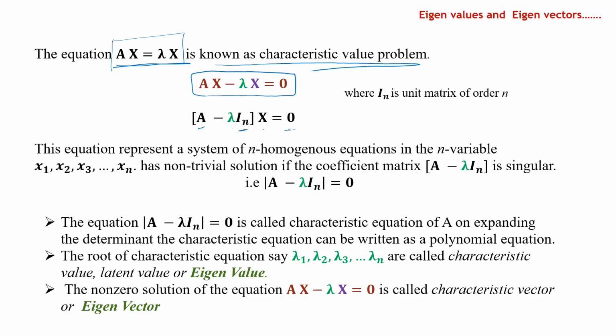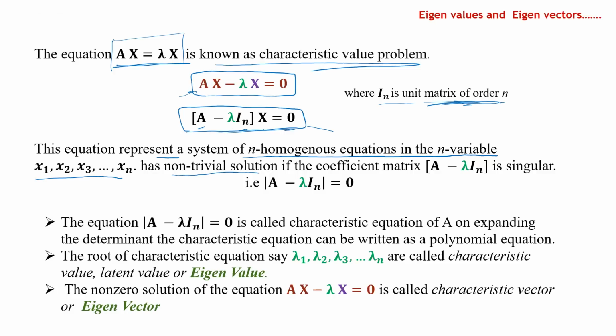Here I is a unit matrix of order n, because the order of the matrix is n. This equation represents a system of n homogeneous equations in n variables, or n unknowns.